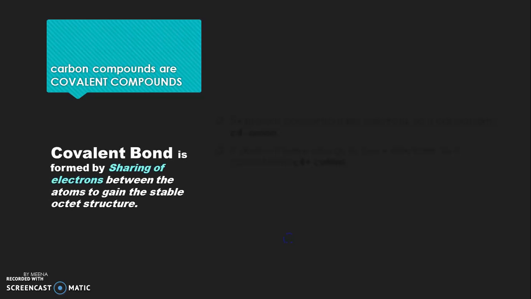What is a covalent compound or covalent bond? A covalent bond is a bond that is formed by sharing of electrons. Remember CS. As I told you before, remember IT for ionic bond, that is, ionic bond is transfer of electrons. Remember CS, covalent bond, sharing of electrons by the atoms to gain the stable octet structure.